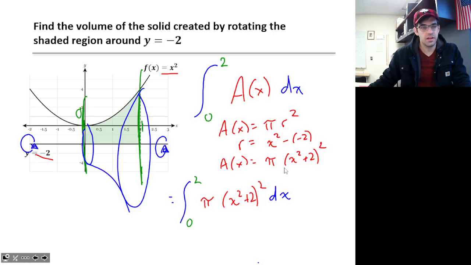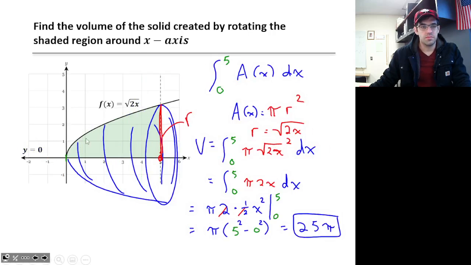If we integrate that area function from 0 to 2, because 0 to 2 is the lower and upper x value of the shaded region, we get the volume of the shape created by this region being rotated around the horizontal axis y equals -2.